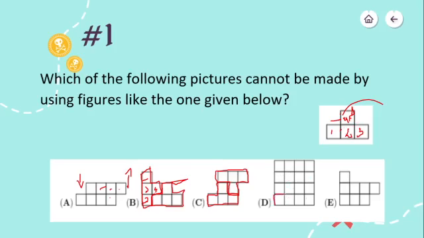Okay, we have one here. Okay, a T-shaped square, and two here. So there is no other way than this.